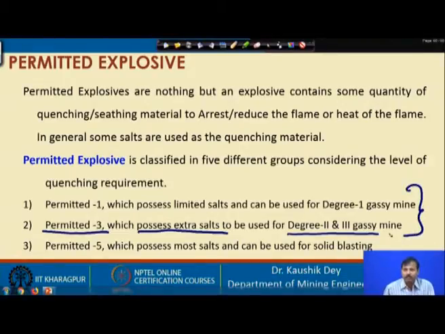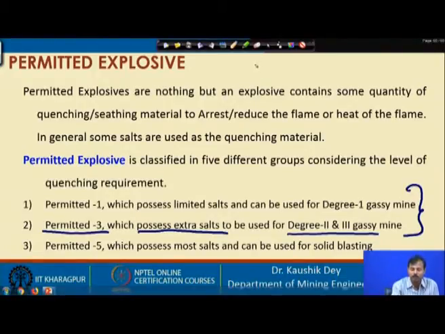But for these two cases we have used the first technique. The first technique means the release of methane from the atmosphere is carried out beforehand. So, in these first two cases the release of methane is carried out by providing a small cut in the face ahead.